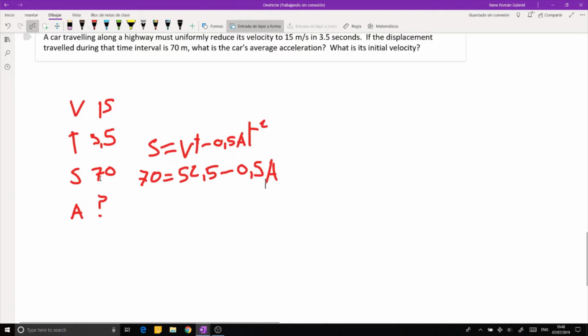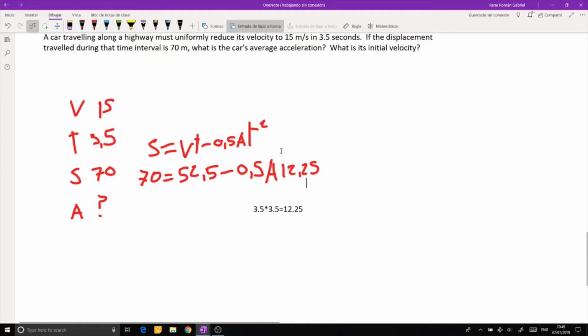Well, that one we just ask the computer. 12.25. So that's times 12.25. So then what we would do is multiply the 0.5 times 12.25.